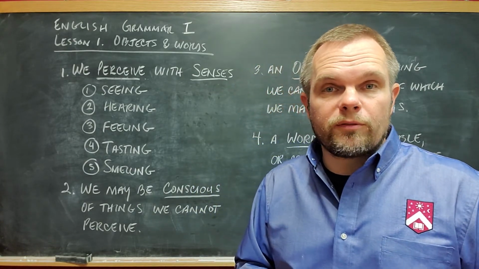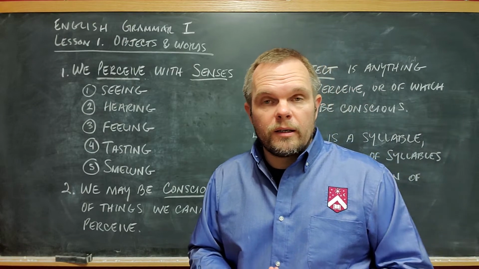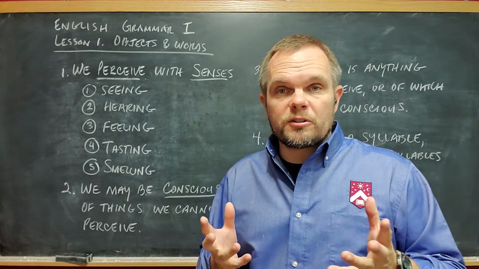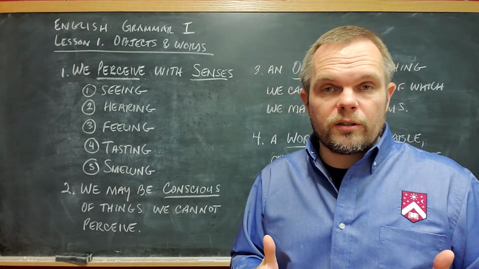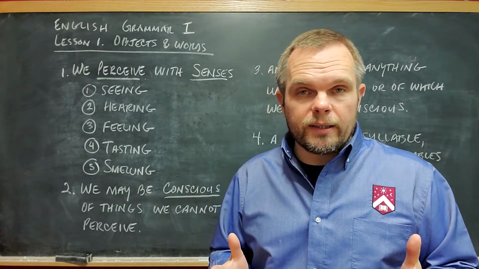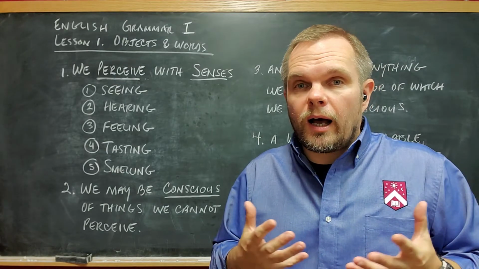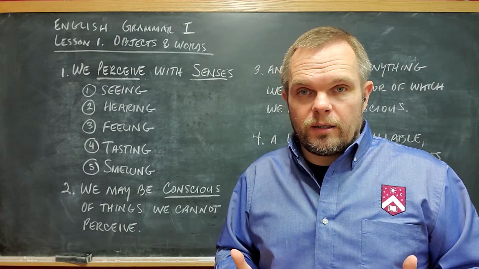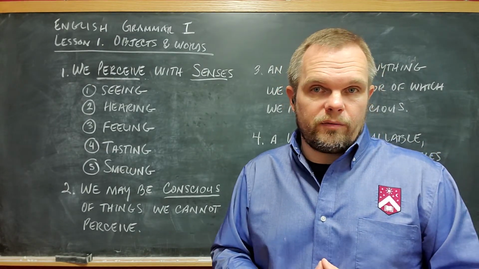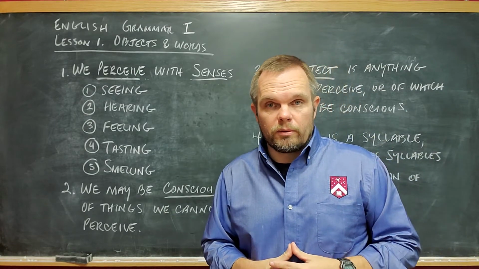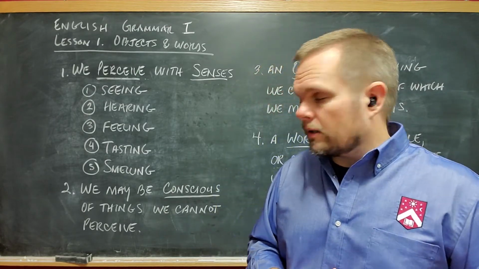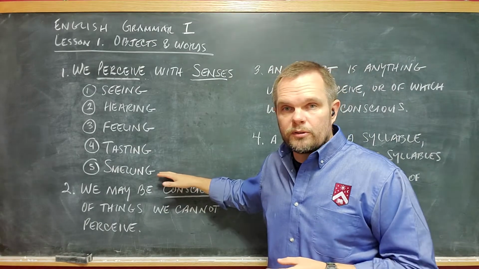I told you one before, a spirit. In catechism, we learn that a spirit is a creature that does not have a body. We can know about a spirit, we can be conscious of a spirit, but we cannot perceive a spirit. All right, so that's one thing we may be conscious of, but not perceive.